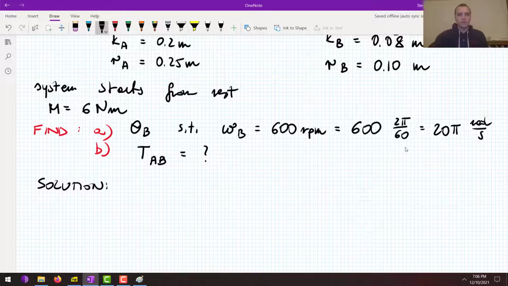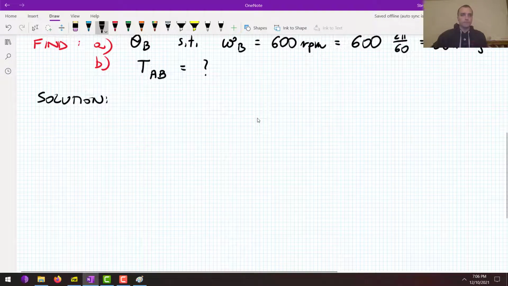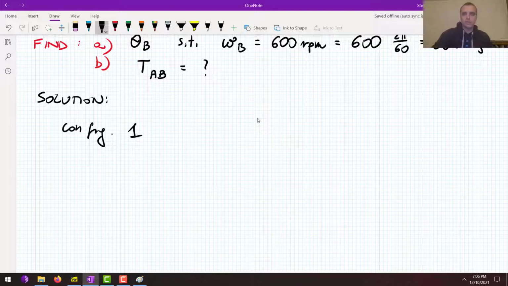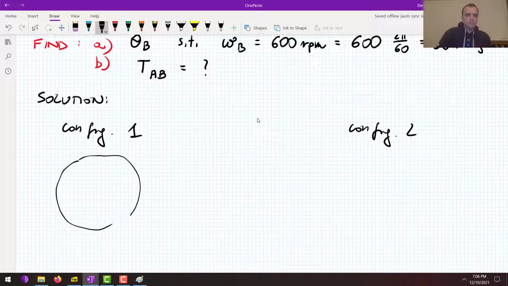So as usual, I'm just going to draw two drawings at two configurations, configuration 1 and configuration 2. This is my first gear, and this is its support. Then this is our second gear, the small one.